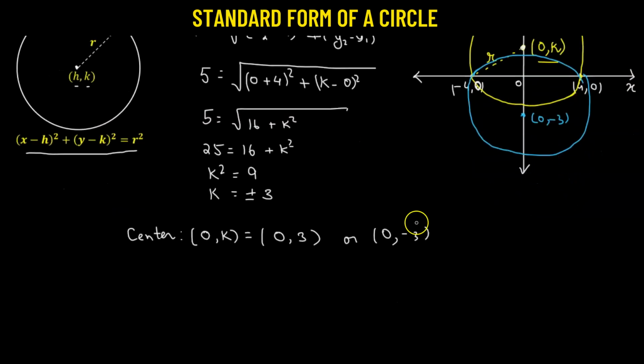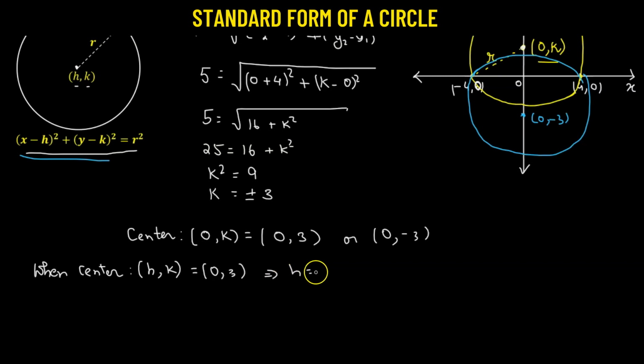Fine. Now that we have the center as well as the value of the radius, we can use this formula to find the equation of the circle. So when our center is given by h, k, we found that this is 0, 3. So the value of h is going to be 0, the value of k is going to be 3, and the radius that's already given to us is 5 units.